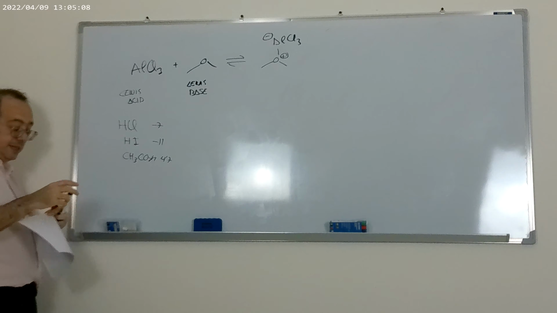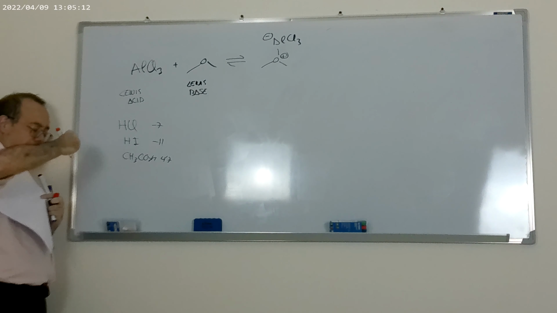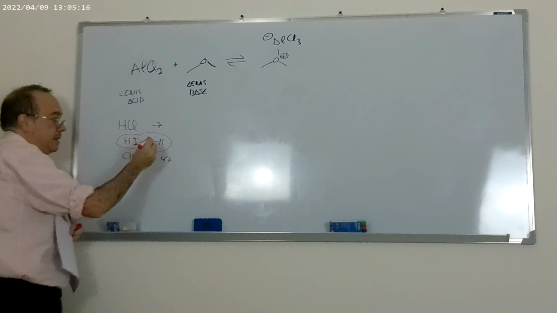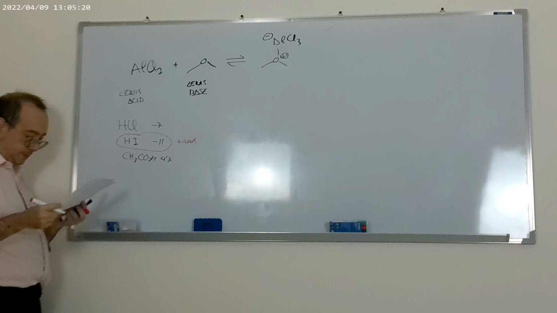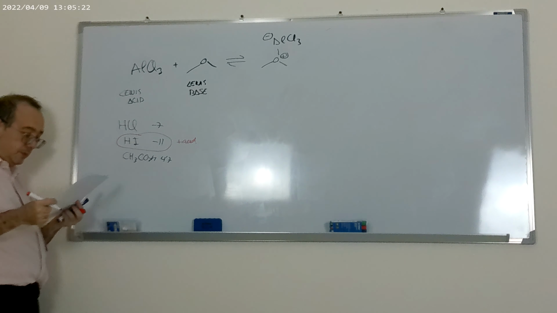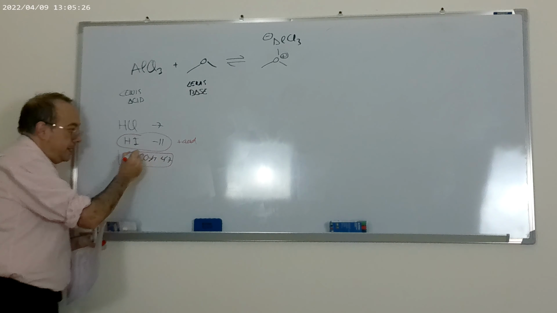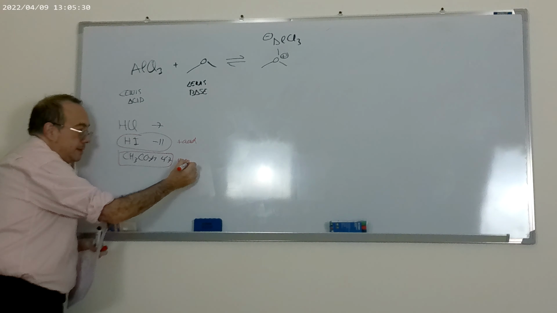Remember that the stronger acid will be the one that has the pKa more negative, or lower pKa. That means this will be the more acidic one. Which will be the weaker acid? The weaker acid will be the one that has the higher pKa. It's the weaker acid.